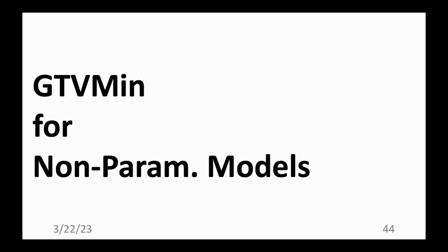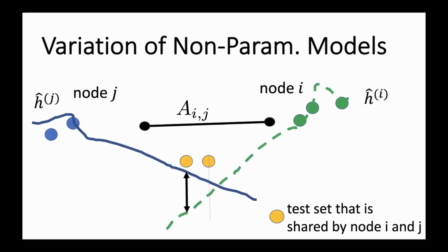Just before I finish this lecture, I want to give a glimpse of how we can extend the concepts developed so far. So far, we used the difference between the model parameters. We had a local data set at node j and a local model parameter at node j, and a local data set at node i and a local model parameter at node i.